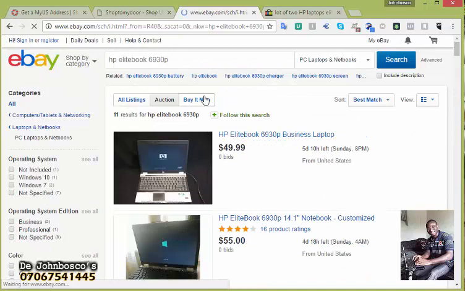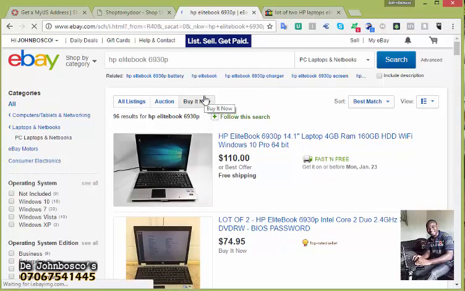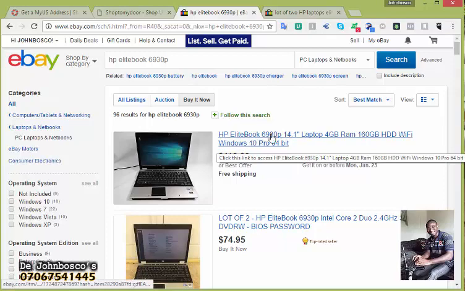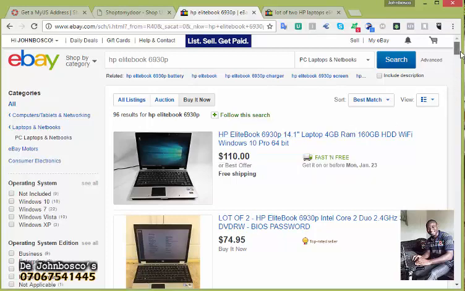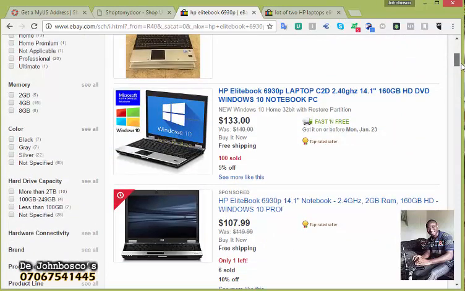So you look at the prices. I have bought a number of laptops from eBay. I usually buy most of the things in eBay. Let me see if I can see a history of what I have been able to buy from here. Okay, let's search.